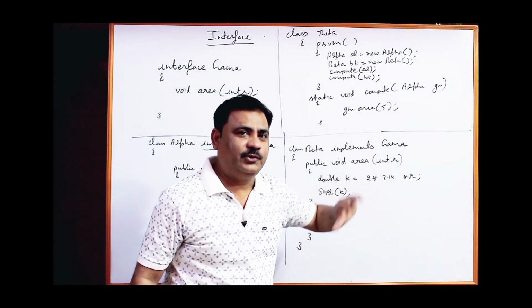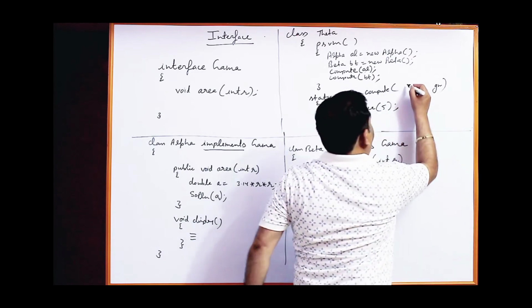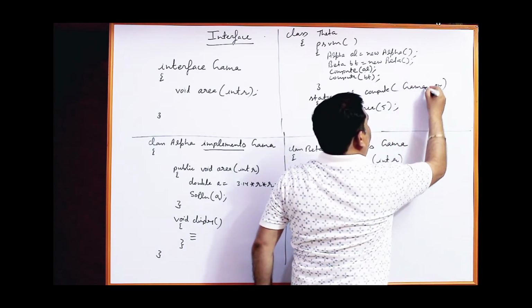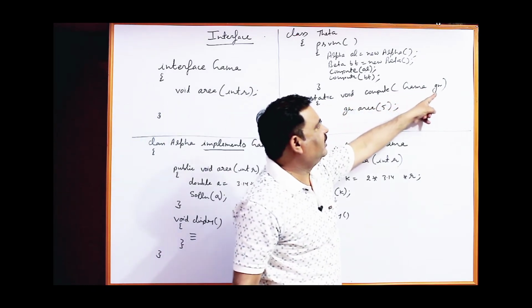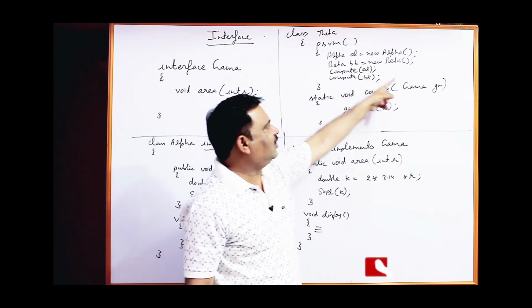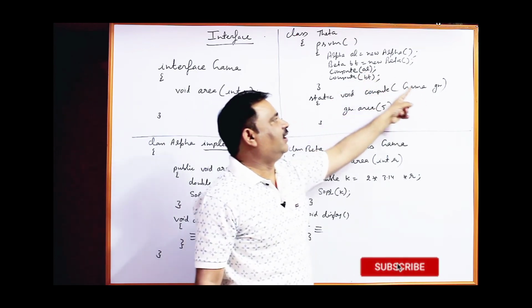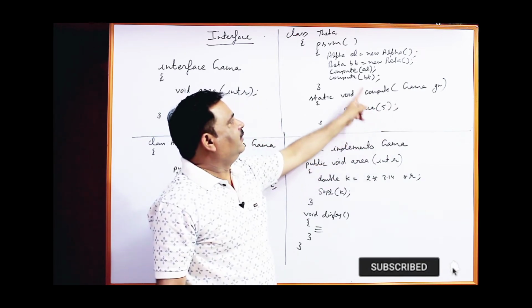So what we can do, in place of writing alpha, just write the gamma interface name, because the object of interface gamma can store the reference of alpha class object as well as the reference of beta class object, and it can access the area function here.